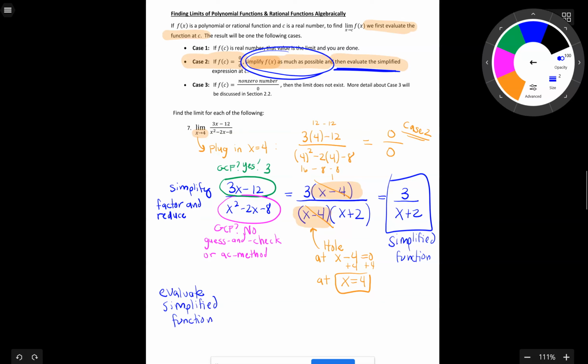So now I'm going to take 3 over x plus 2, and I'm just going to replace this x with whatever I was supposed to plug in from the beginning. We were supposed to plug in x equals 4, so that's what I'm going to plug in there.